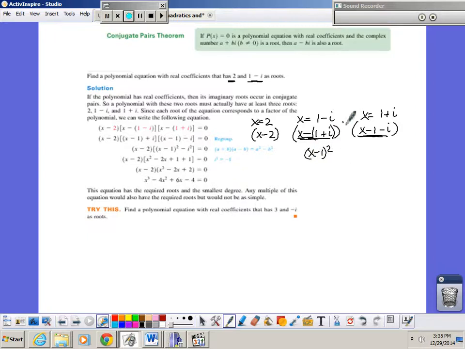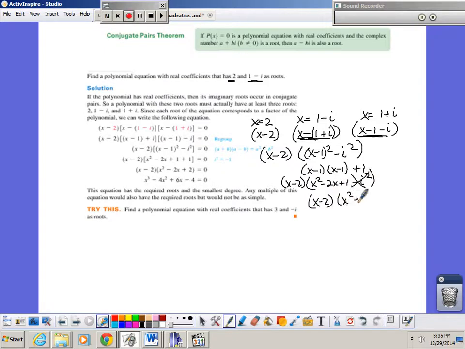Middles will drop out. i times negative i is negative i squared. And I have x minus 2. I have to FOIL this. x minus 1 times x minus 1 gives me x squared minus 2x plus 1, minus i squared, times x minus 2. And what's i squared? Negative 1. So it changes this to positive 1. So I have x minus 2 times x squared minus 2x plus 2.